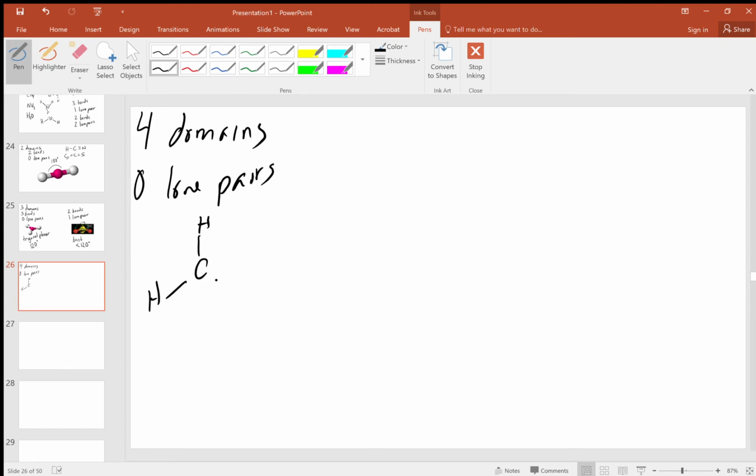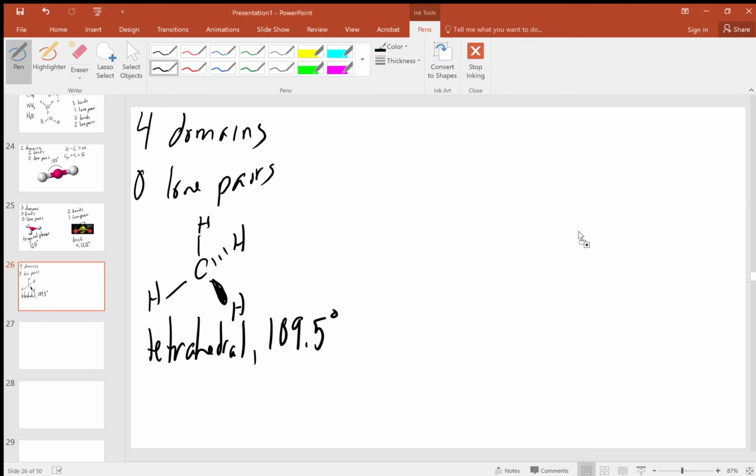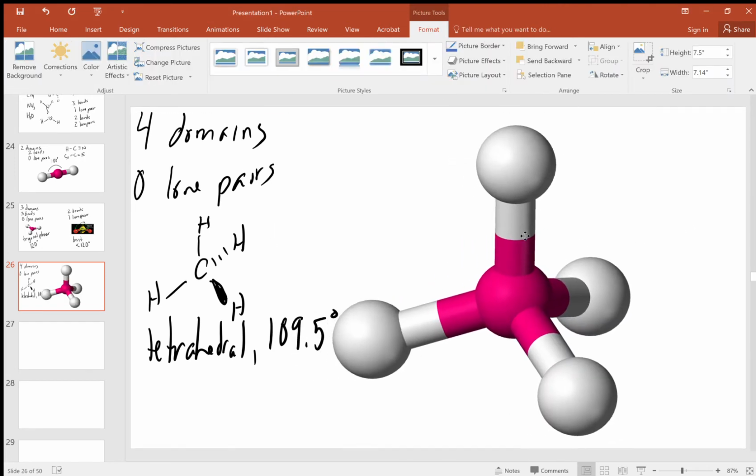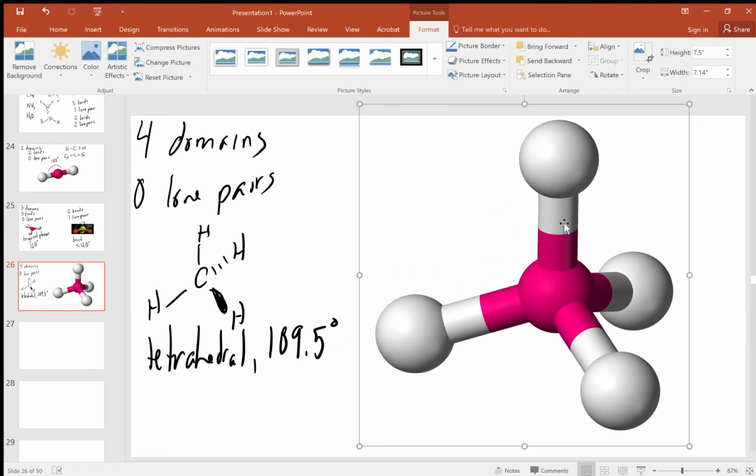This is methane, which is tetrahedral, and 109.5 for the bond angles. So one thing that you may be noticing is that when there's no lone pairs, that means the parent geometry and the molecular geometry are going to be the same.